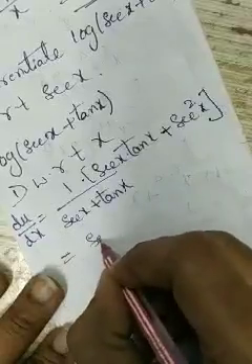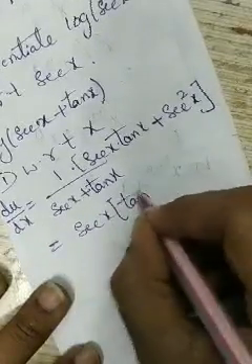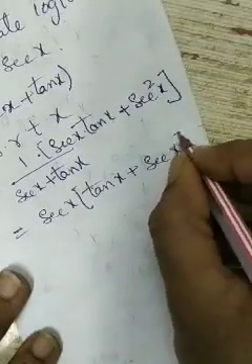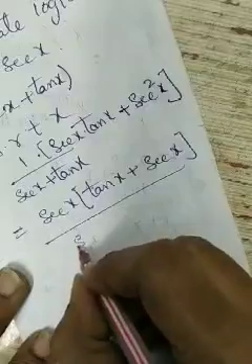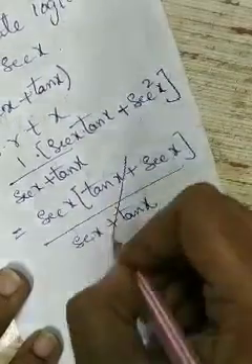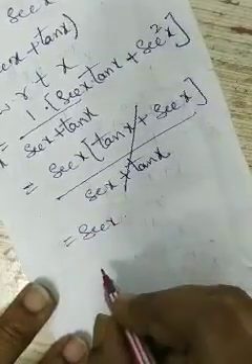Take out secant x as common, so the left term will be tan x plus secant x, divided by secant x plus tan x, which gets cancelled, which is equal to secant x.